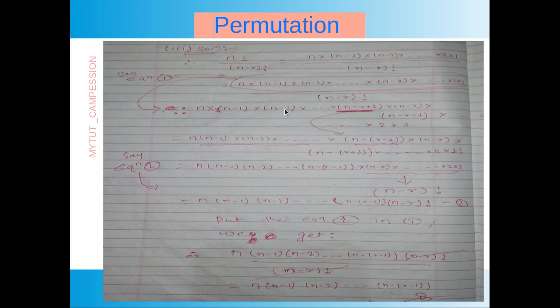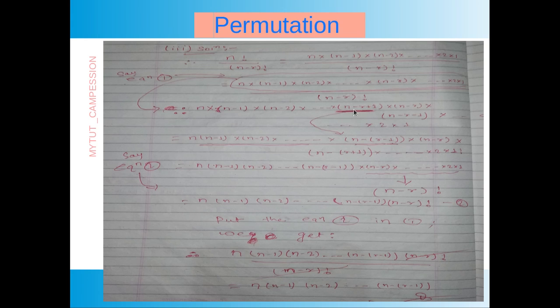Now this numerator is written, equation 1 is written here: n into n minus 1 into n minus 2 dot dot dot n minus r plus 1 into n minus r into n minus r minus 1 into dot dot dot 2 into 1.